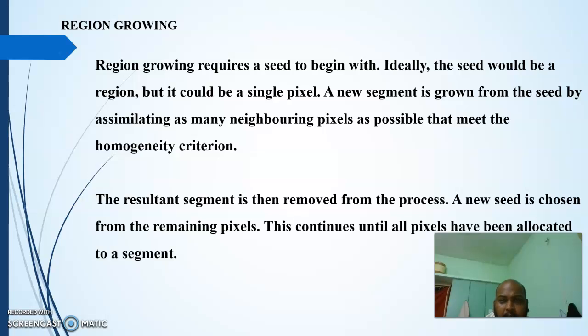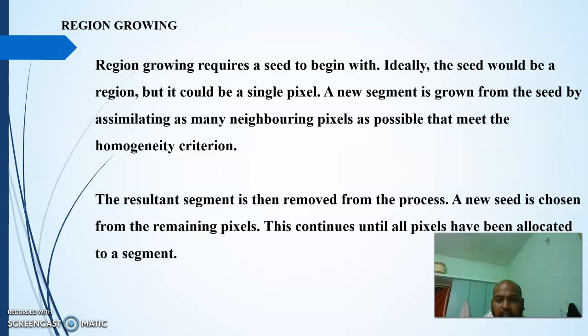Ideally, the seed would be a region, but it could be a single pixel. A new segment is grown from the seed by assimilating as many neighboring pixels as possible that meet the homogeneity criterion. The resultant segment is then removed from the process.